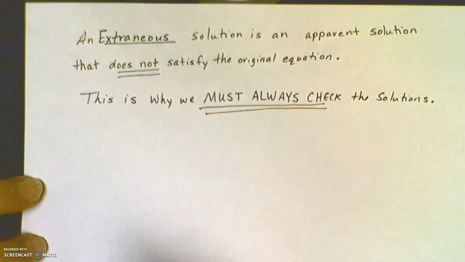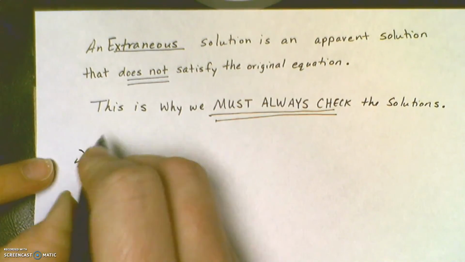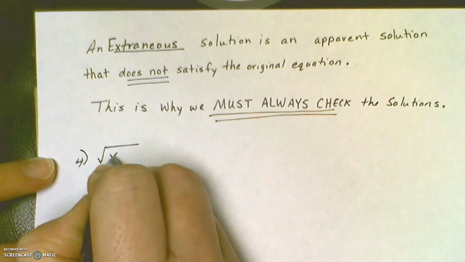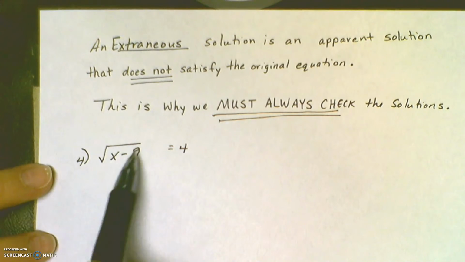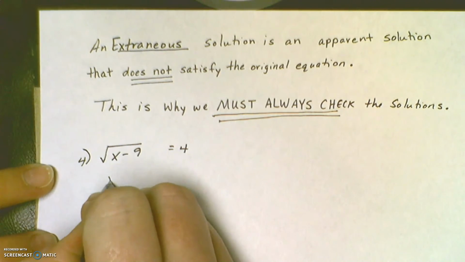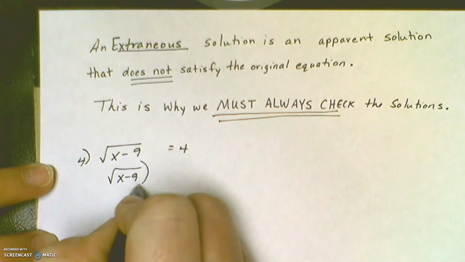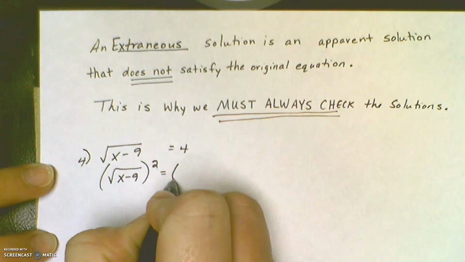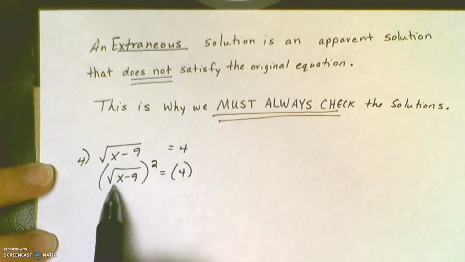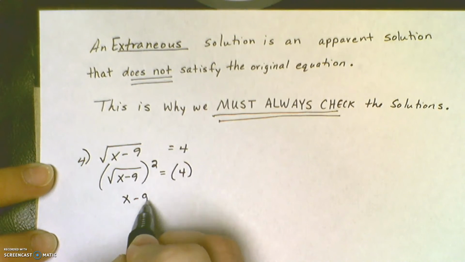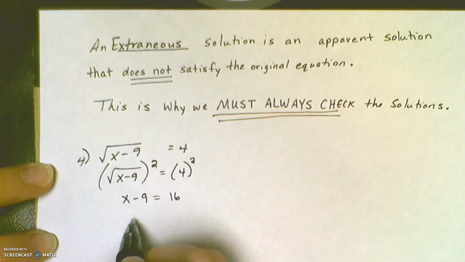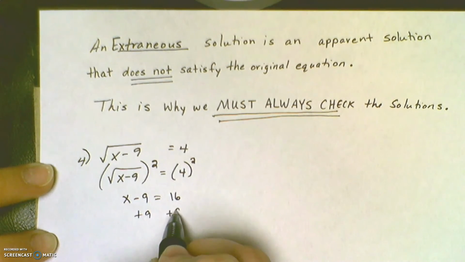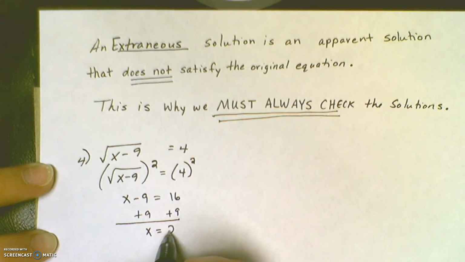Example 4. The square root of x minus 9 is equal to 4. The radical is isolated, so we will square both sides. Squaring the square root, x minus 9, 4 squared is 16. Add 9 to both sides, we get 25.